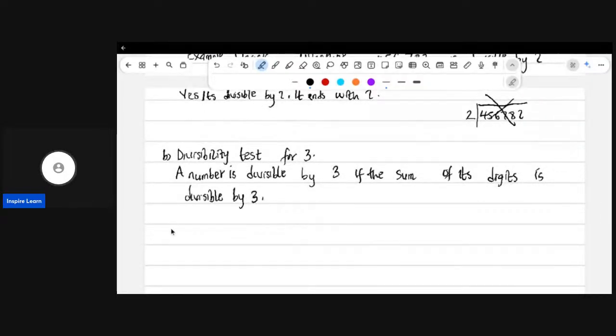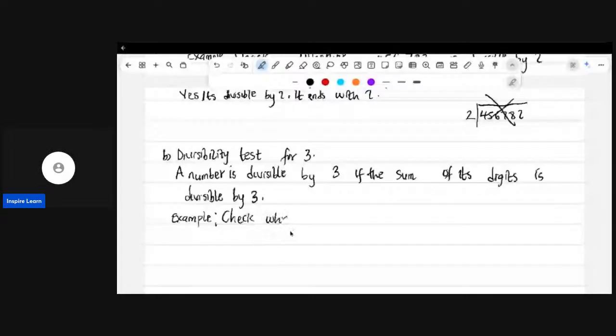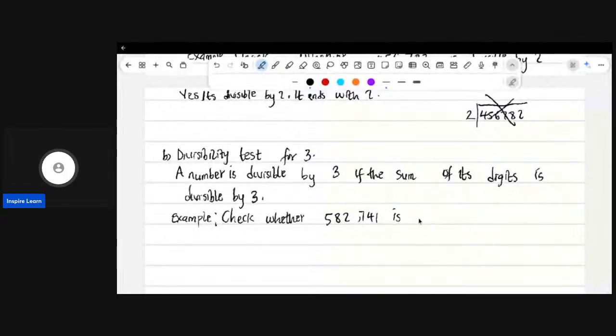So let's have an example. We want to check whether 582,741 is divisible by 3.